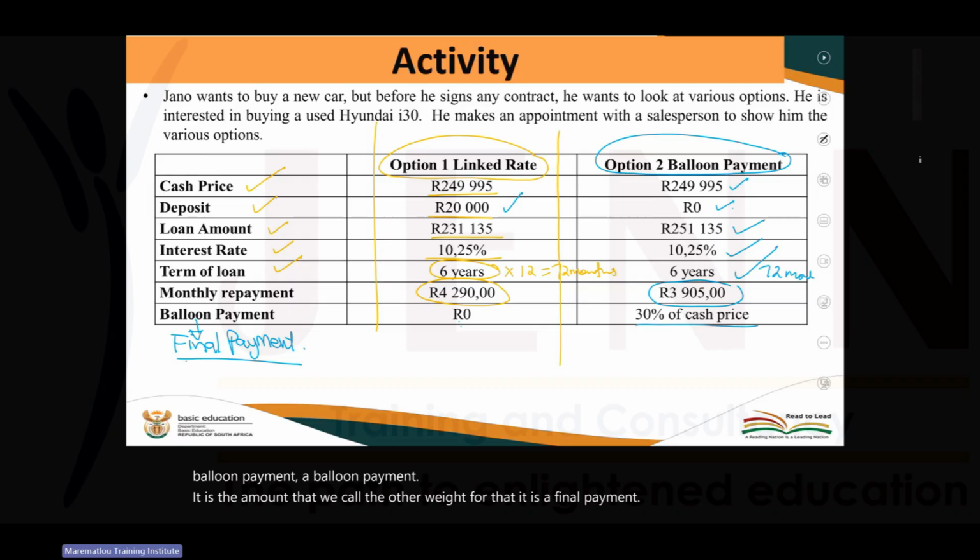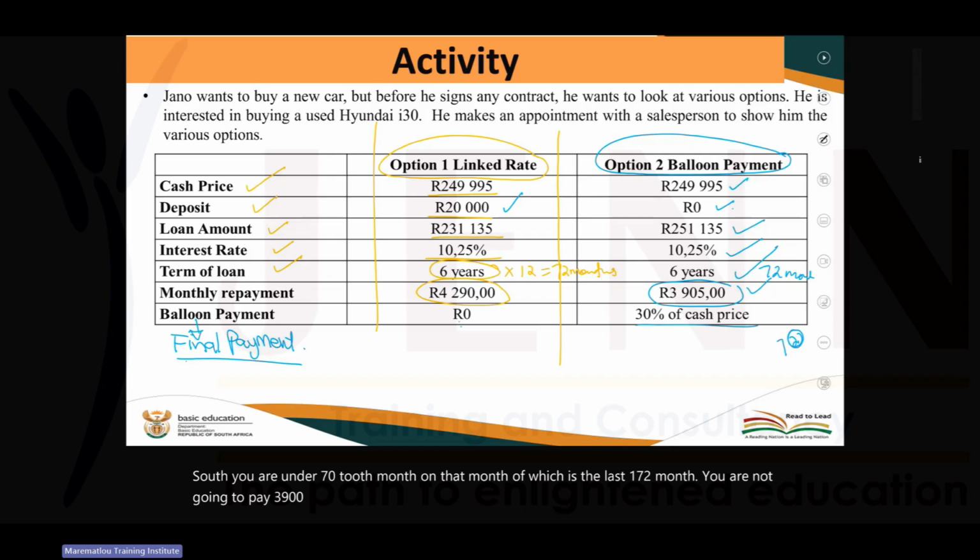The bank says to you, for this option, you will pay less on a monthly basis, 3,905. But as you reach the 72nd month, the last one, you are not going to pay 3,905 only.